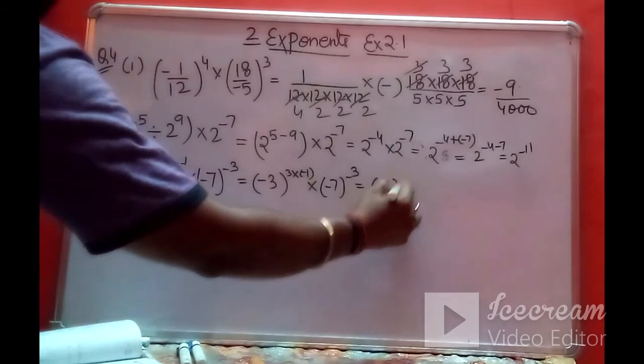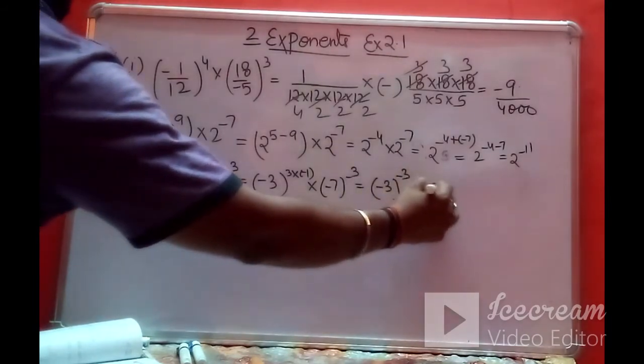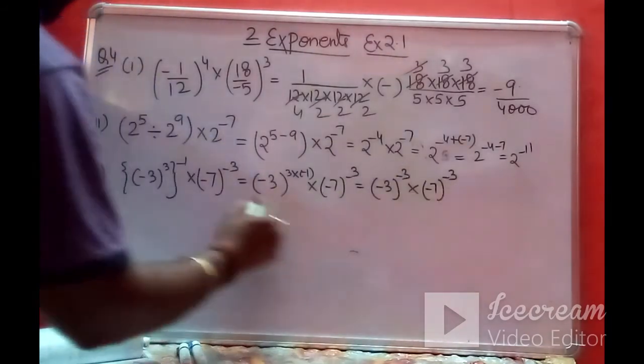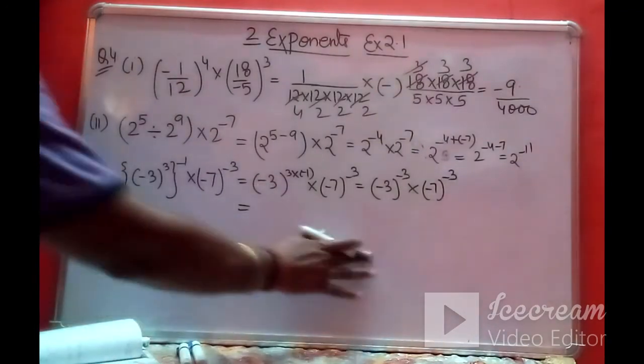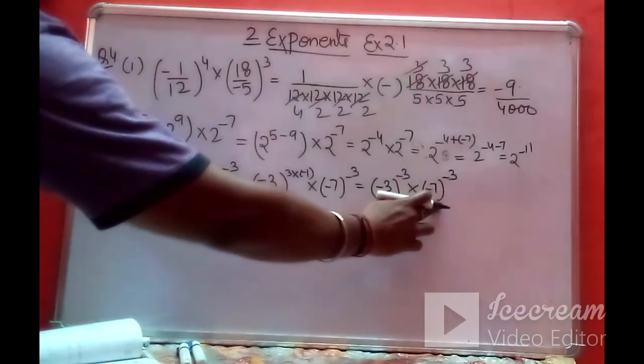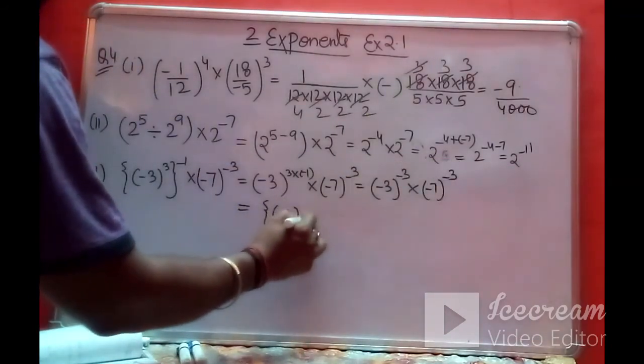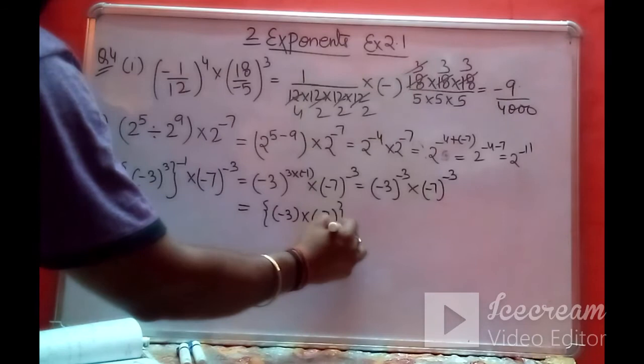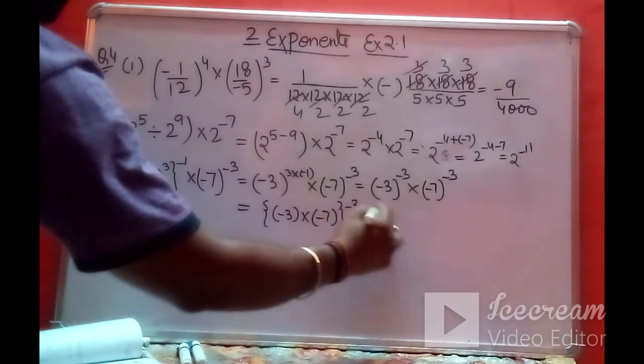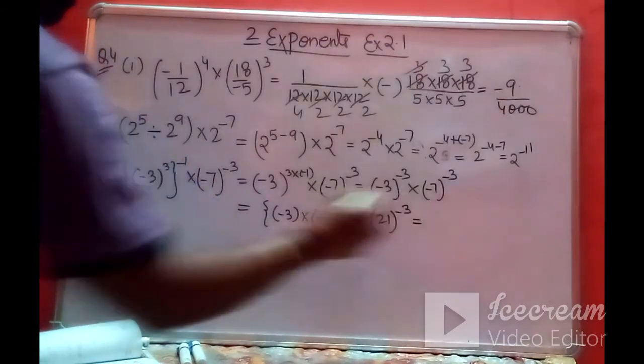Then minus 3 to the power minus 3 and minus 7 to the power minus 3. Now the bases are different but the powers are the same, so we can combine them using one more law. So it becomes 21 to the power minus 3.